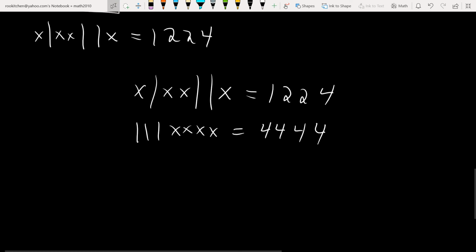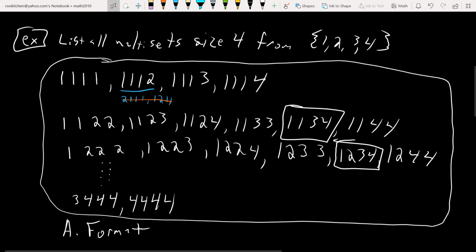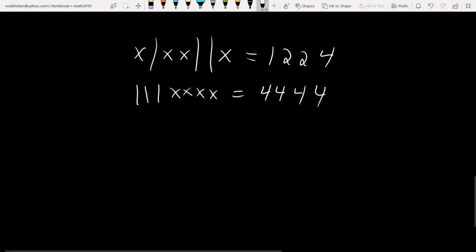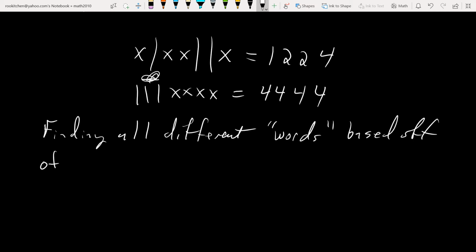So ultimately, what we're doing when we enumerate all of these different multi-sets is finding all the different combinations of, so we are finding all different words, I guess in quotes, based off of slash slash x x x x.